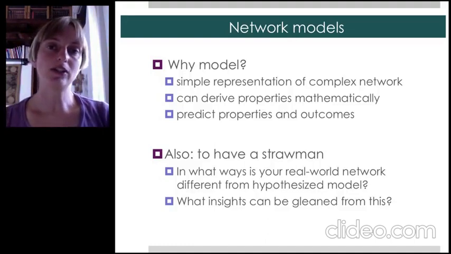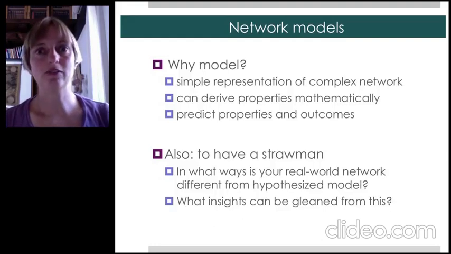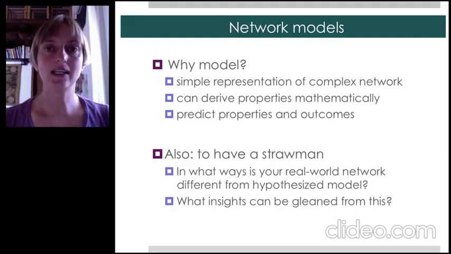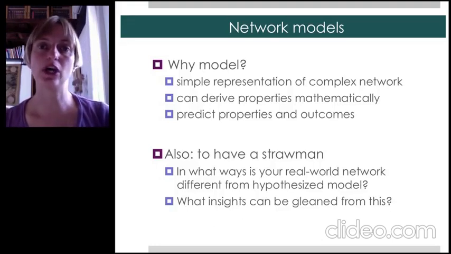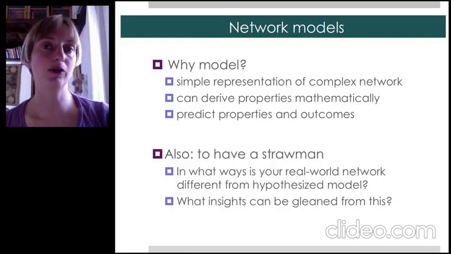These kinds of models also often just serve as a straw man, right? So you know that the model is not realistic. People don't just meet at random, but you'd like to know exactly how your network is different from such a random network, and that gives you further insight about the measurements that you're taking on your real-world network.